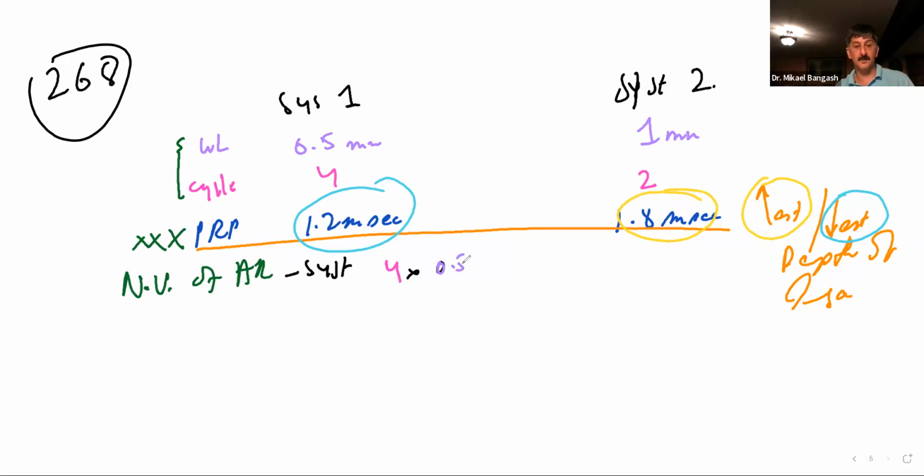So our SPL is 2 millimeters, which gives us a numerical value equal to 1 millimeter.